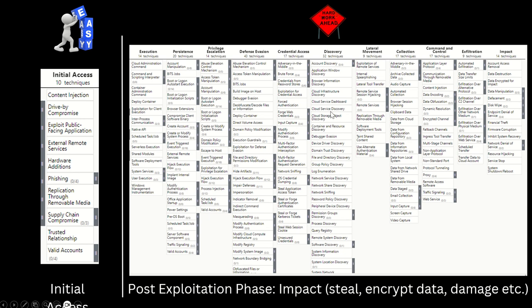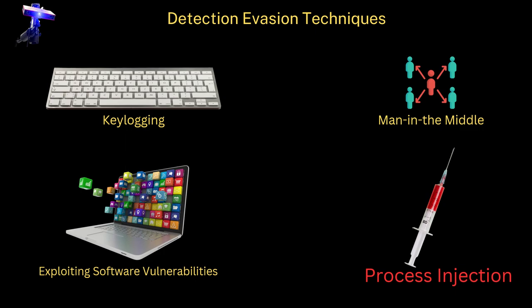Now in this video we are going to discuss techniques that attackers use to evade detection. We will not discuss all the techniques. This whole video series is based on discussing and knowing only one sophisticated detection evasion technique, that is process injection.